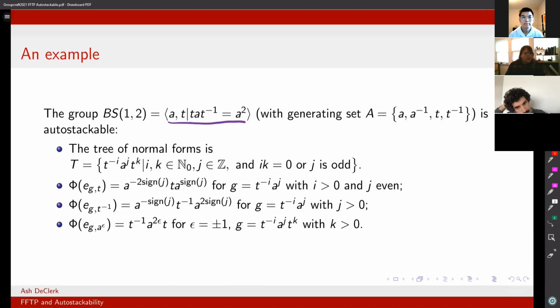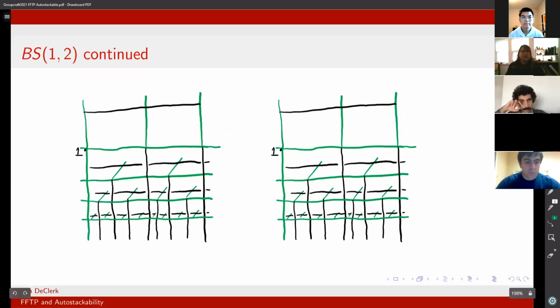And then the flow function is a little bit complex, and I don't really want to go through all the details. So what I'm going to do is just show you a picture. So here's the Cayley graph for BS12, or at least a fragment of the Cayley graph. So the green edges are going to be your spanning tree.